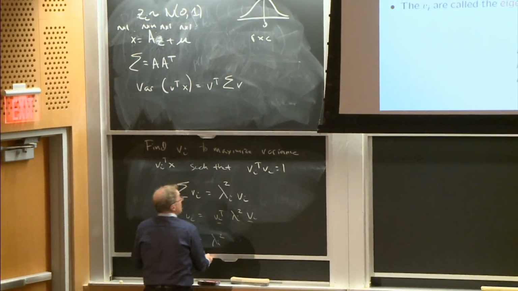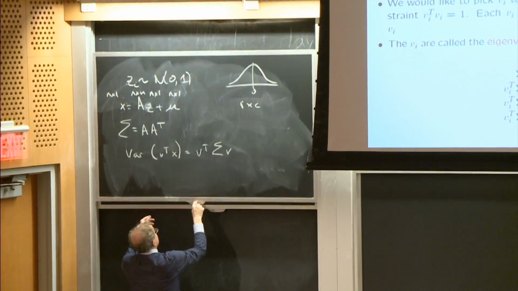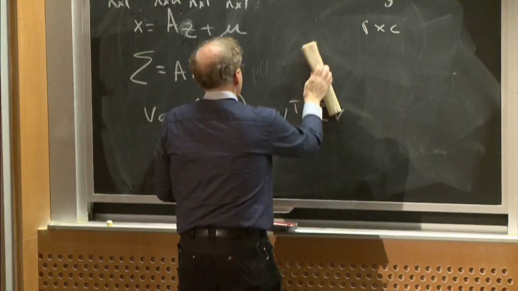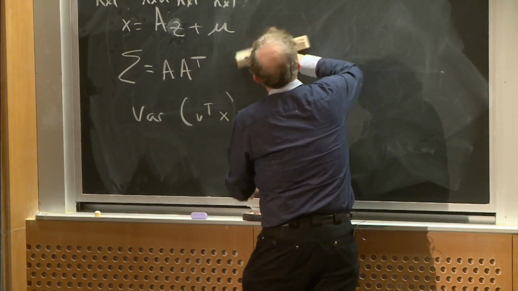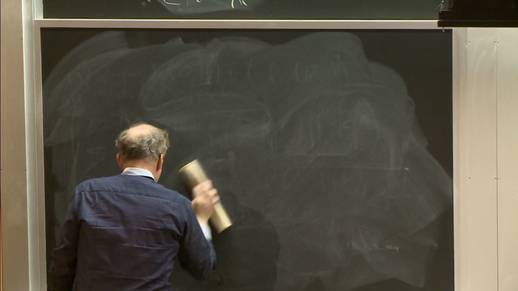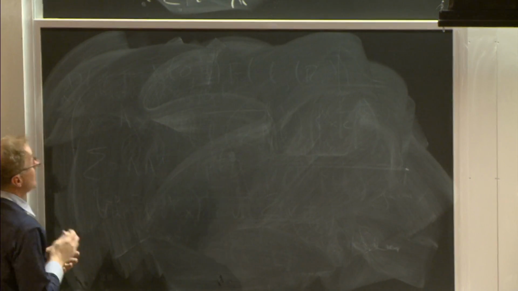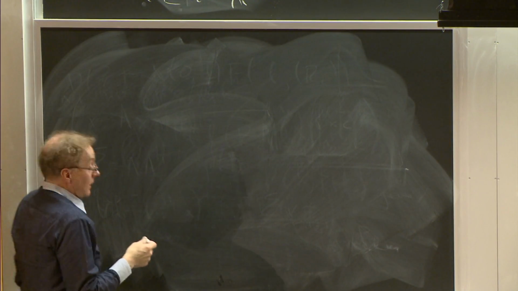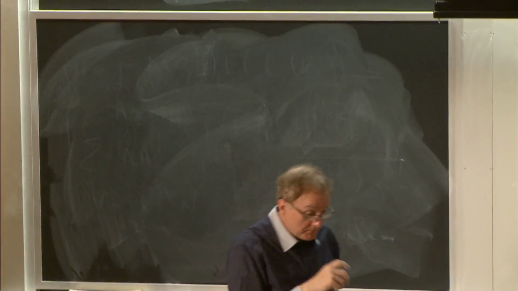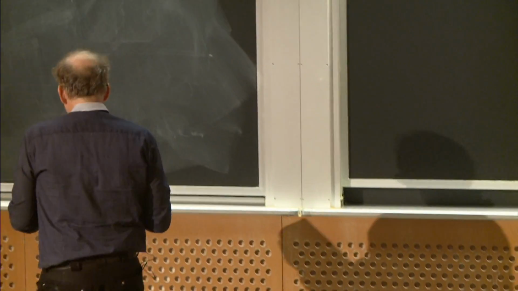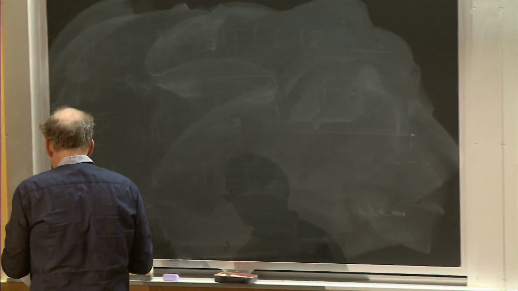So the question then comes, how do we find these things? And how do we discover these magic eigenvectors that are directions in which this multivariate Gaussian has its variance maximized? And we can do this by singular value decomposition.